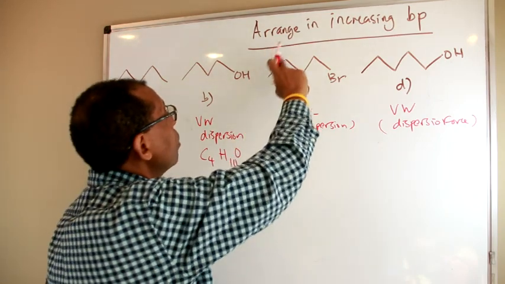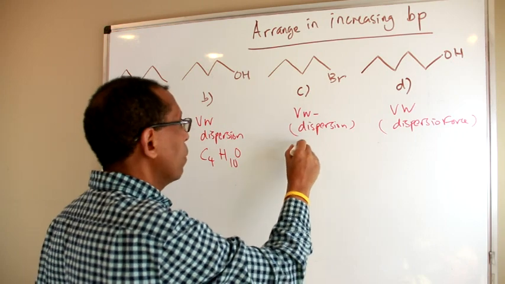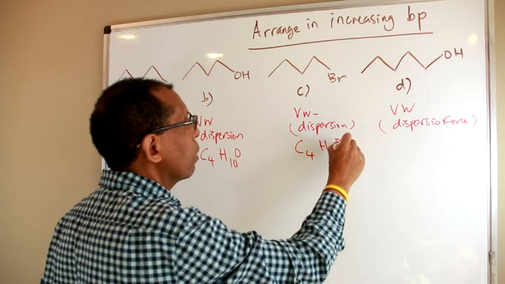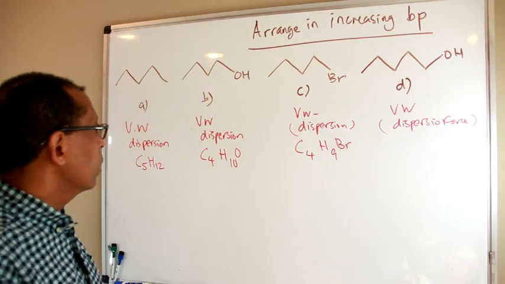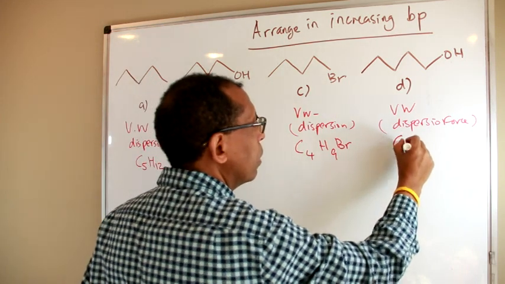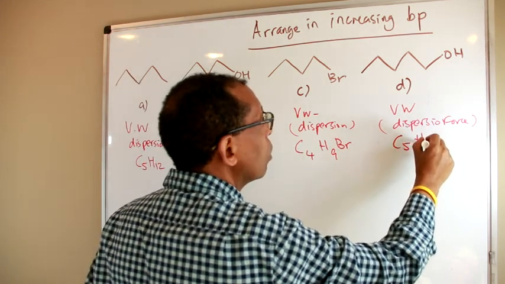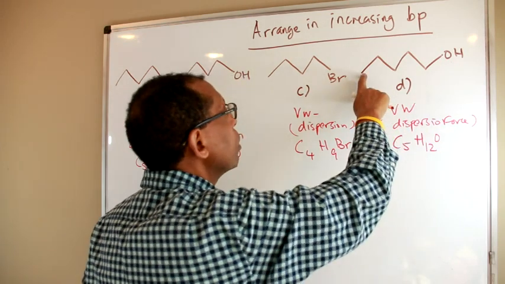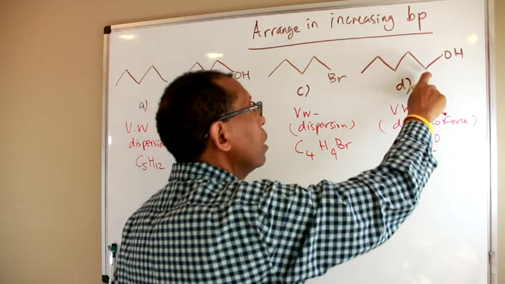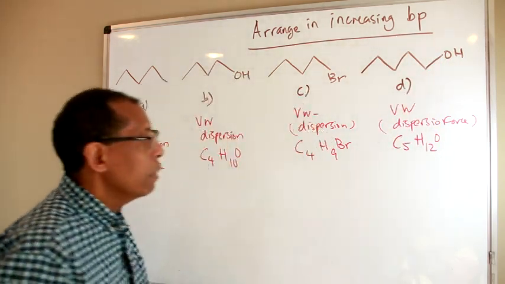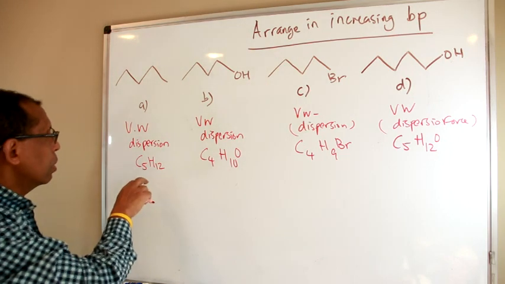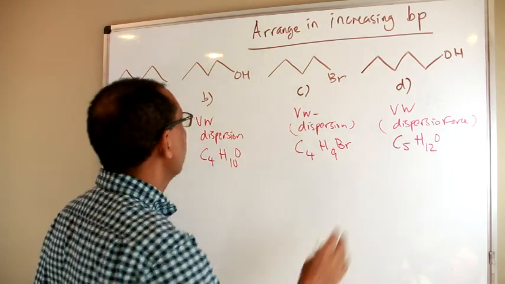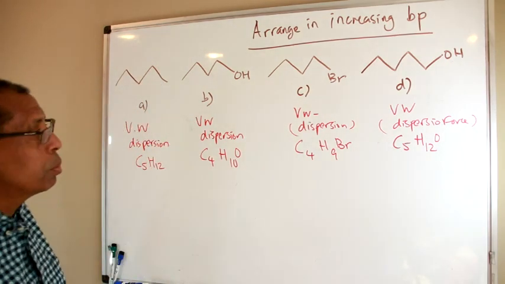This is a 1, 2, 3, 4, which is a C4H9Br compound. Here we have a C5H12O, which is 3, 5, 7, 9, 11, 12. So in terms of dispersion, C5 and this compound and this compound might have almost comparable dispersion forces.